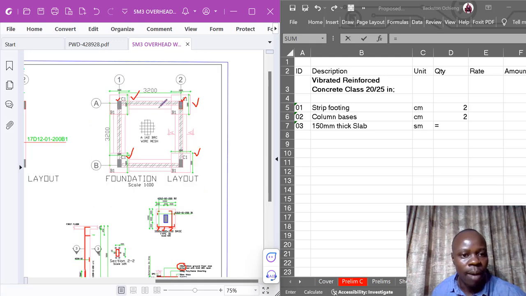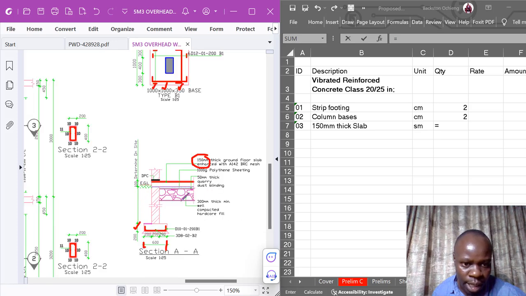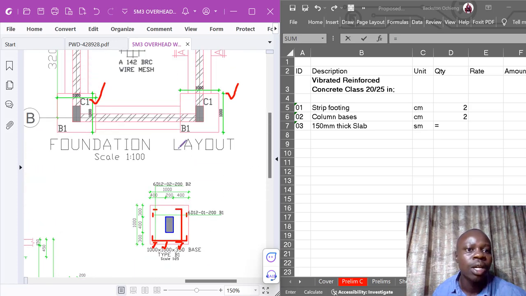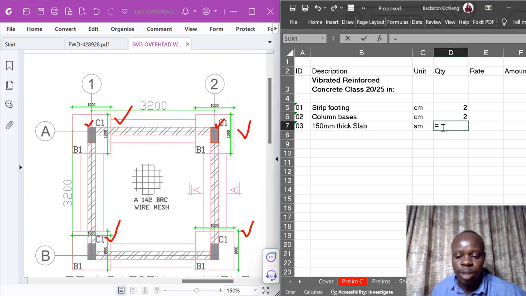Our wall, as per the section, is 200 millimeters thick, so half of 200 is 100. That means I will calculate our length, which is basically the same because it's a square. So this is 3.2, then I will add 0.1 times 2. That gives me the length on one side.